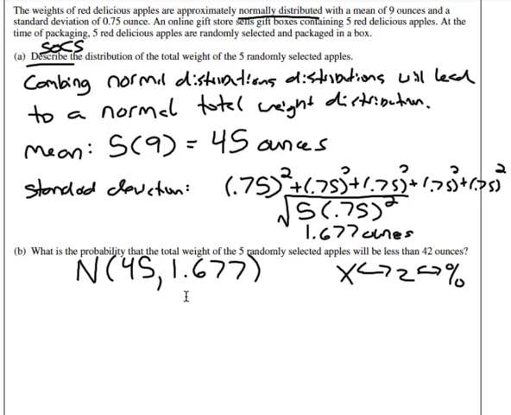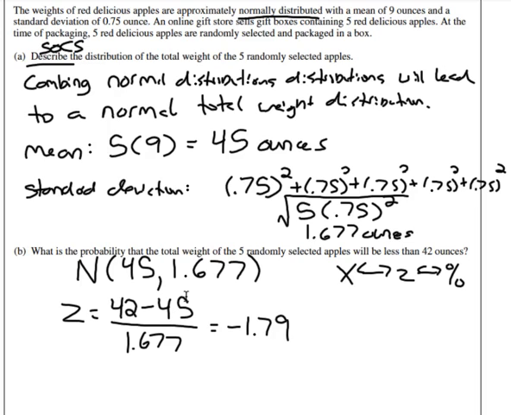We're going to find a z-score so we can finish this off. So the observation we're curious about is 42 minus the mean divided by standard deviation. So negative 3 divided by 1.677, we have a z-score of negative 1.79.